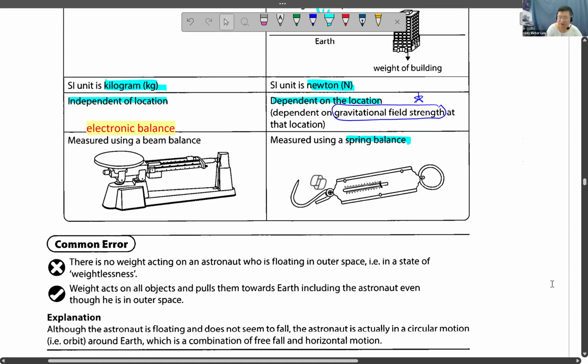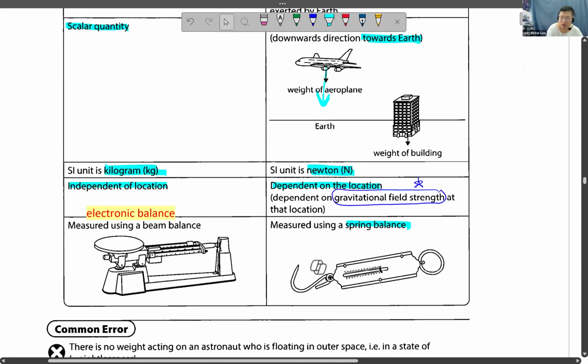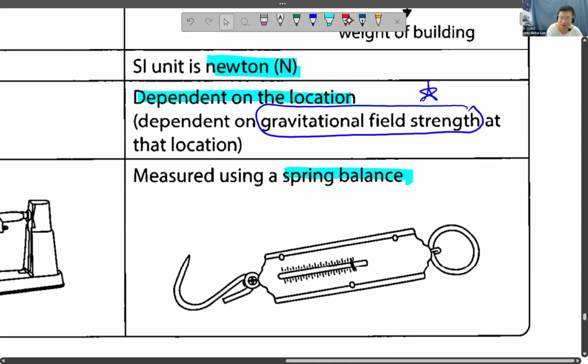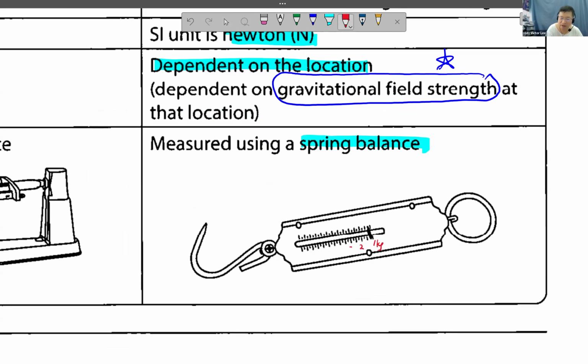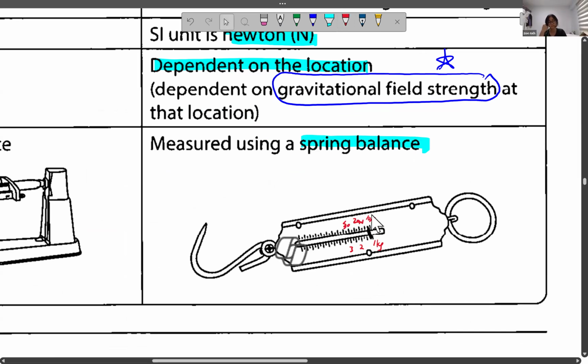Spring balance is very interesting. The scale is on both sides. One side is kilogram, so it's 1 kg, 2 kg, 3 kg. On the other side, the scale will tell you 10 Newton, 20 Newton, 30 Newton. Do you realize that it's directly proportional to the mass?